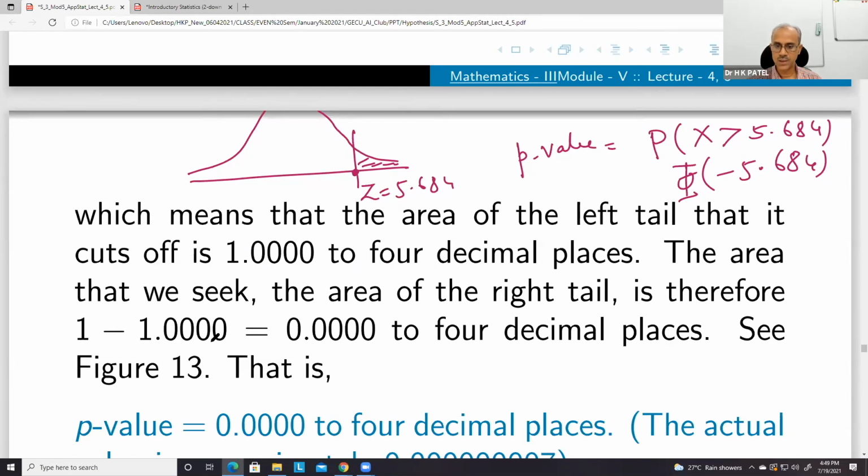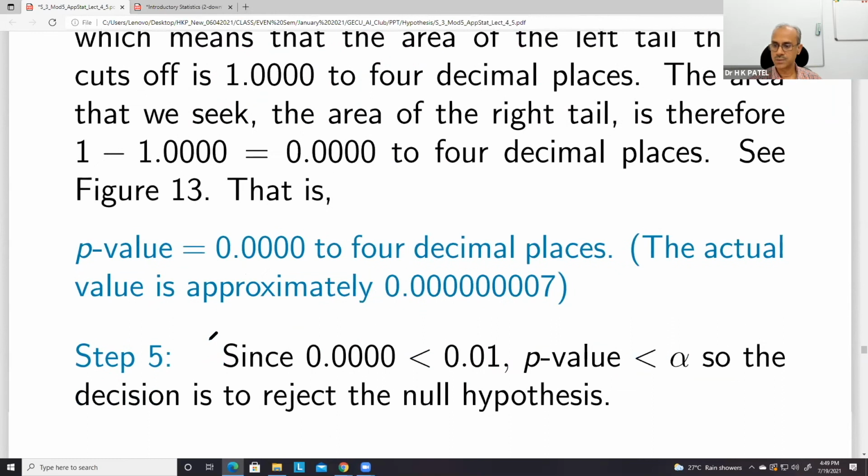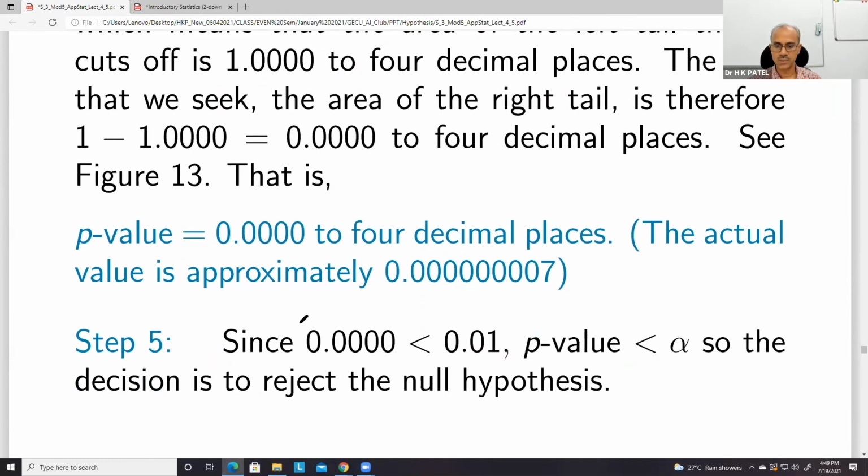Because it is very, very small, the first 4 digits are 0. It is a very, very small number, less than 0.01. So definitely we can reject the null hypothesis.